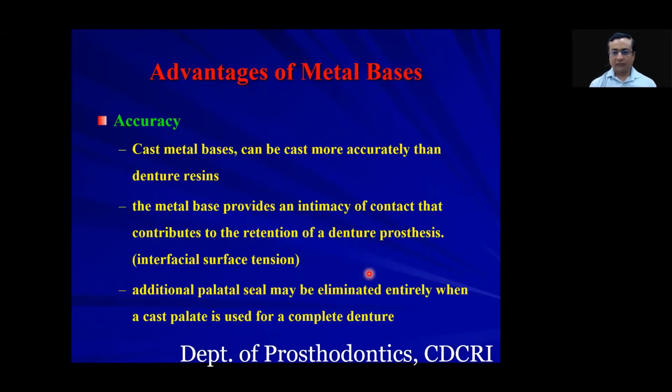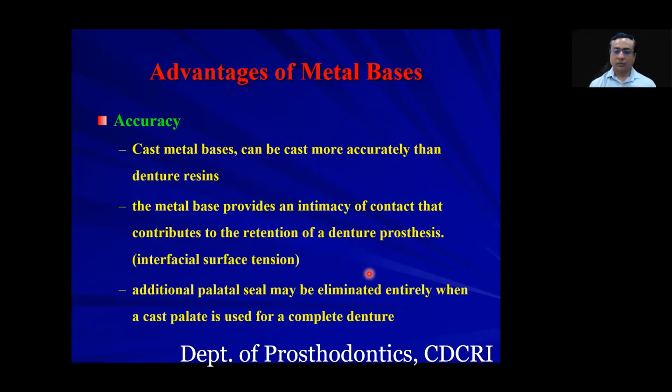First we will see the advantages of the metal denture base. One of the most important advantages of the metal denture base is its accuracy, especially in comparison to the resin-based denture base material. One of the problems with resin is that when you do the polymerization of resin, it undergoes shrinkage. Shrinkage means its volume is reduced.